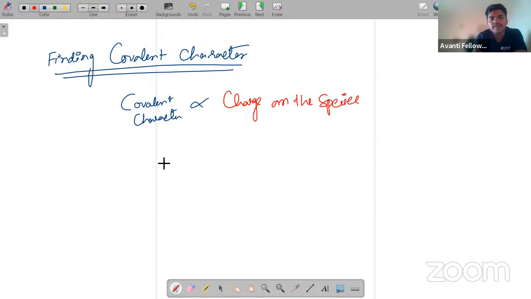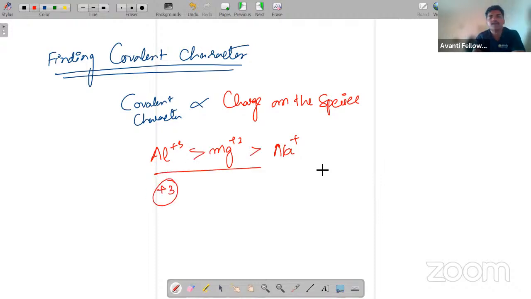Example, if you are having Al plus 3, Mg plus 2 and Na plus, we know that this is plus 3 charge and it will have more covalent character.